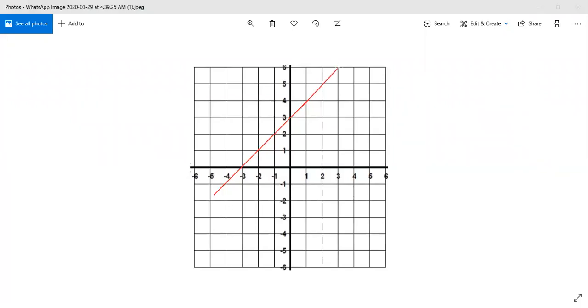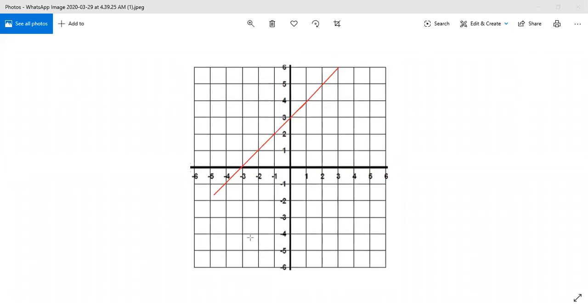We have a straight line like this one, that's right, my sons? So, Mariam, I want to ask you, are you ready? So what is the intersection point between the red line and the y-axis?